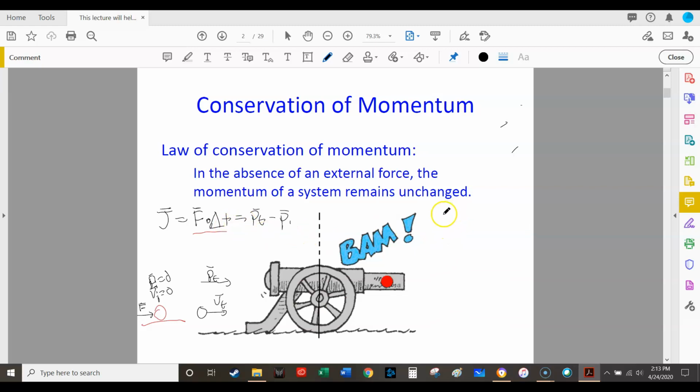Well, if there was no force outside the system, what that would mean is that P, the final momentum, would be equal to the initial momentum. Okay, and so what they're saying is that the initial momentum is equal to the final momentum, and that is because the total change in momentum to that system is going to be 0.